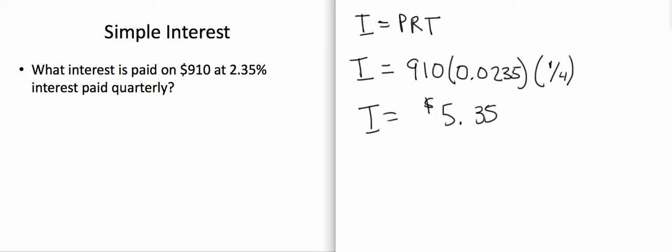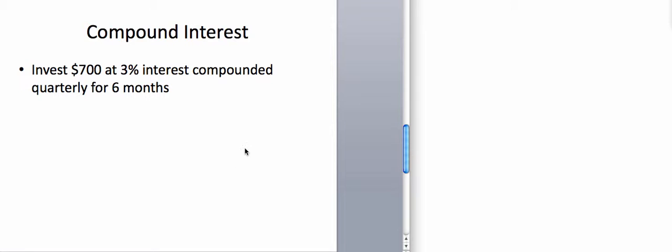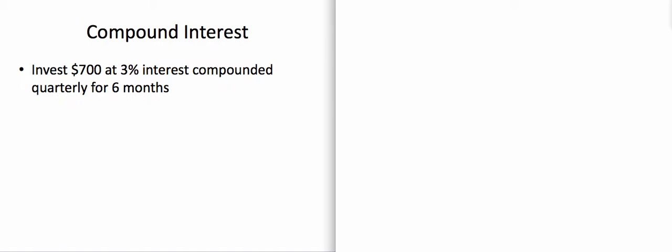Now we also have compound interest. There is a compound interest formula, but our book does not use that. It uses the simple interest formula, and it just asks you to re-add in those things.